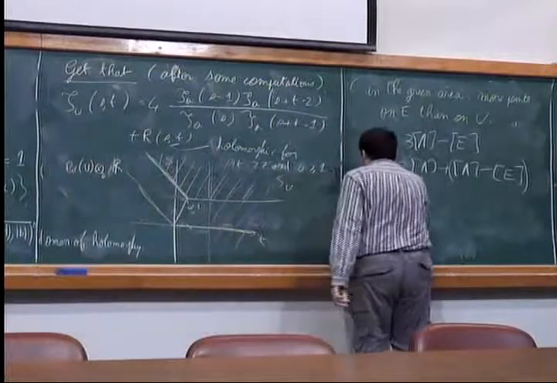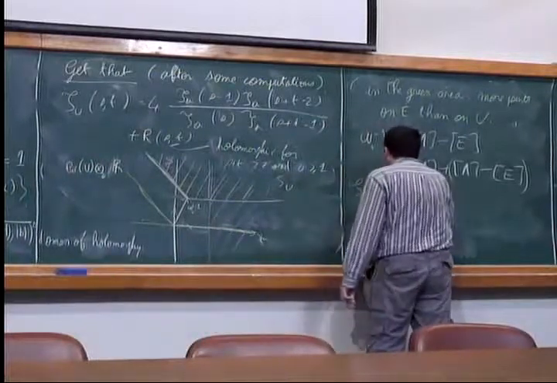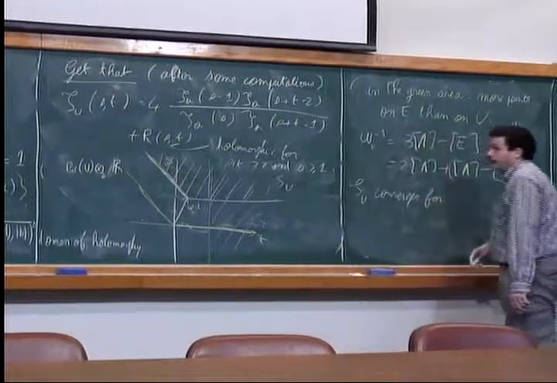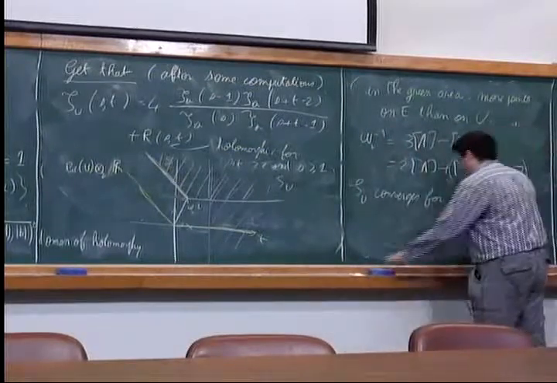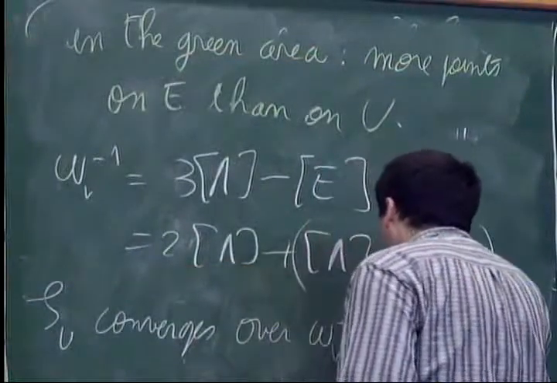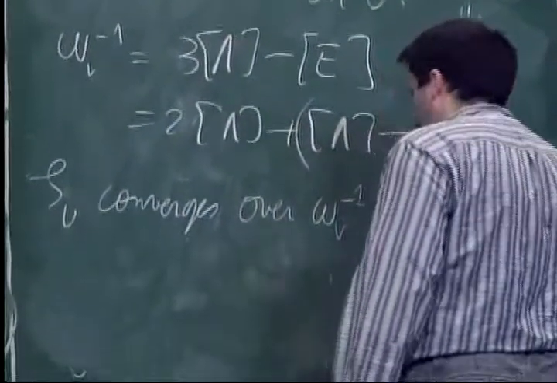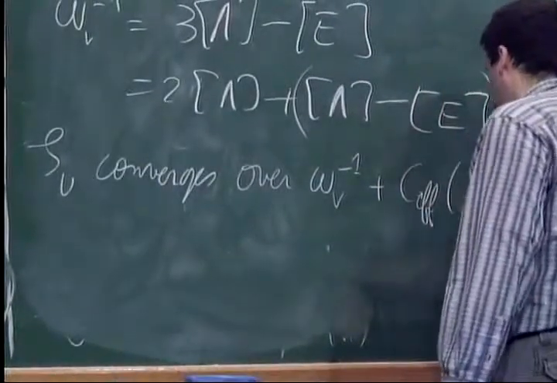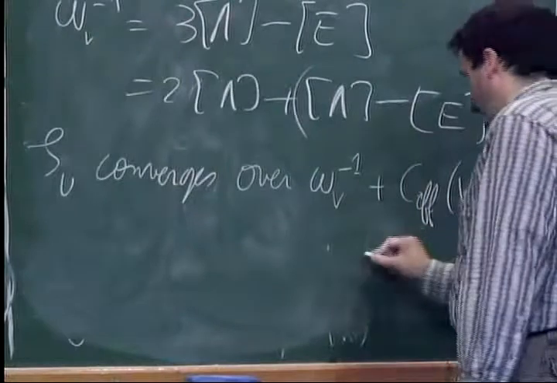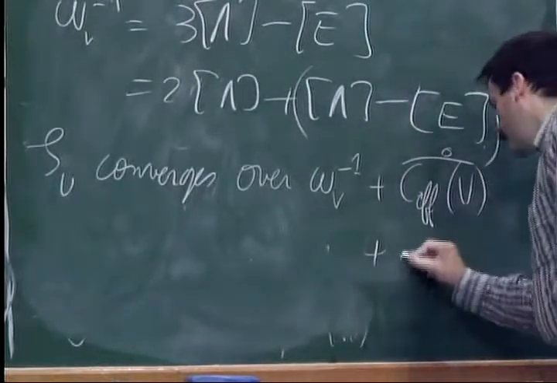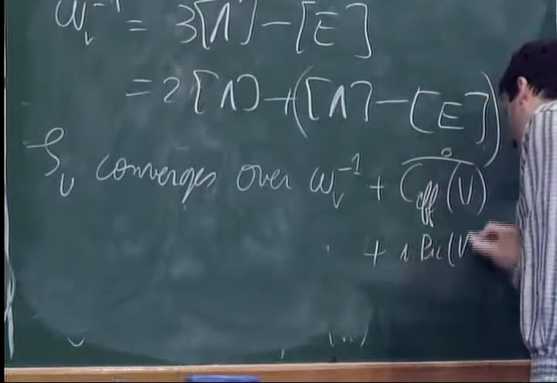So zeta of U converges over omega V minus 1 plus the effective cone of V, taking the interiors this time, plus i times the Picard group of V tensorized.